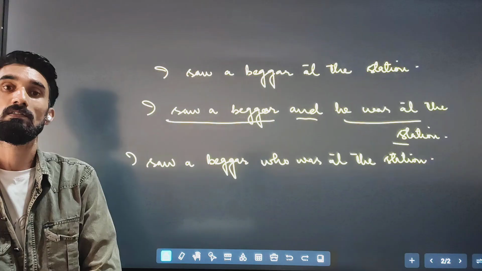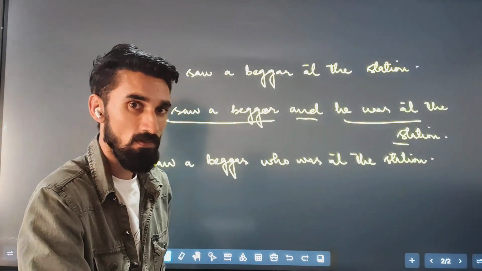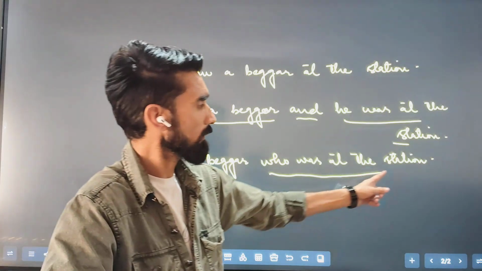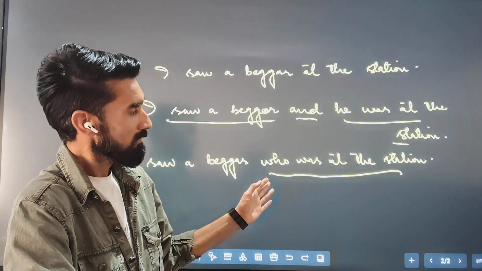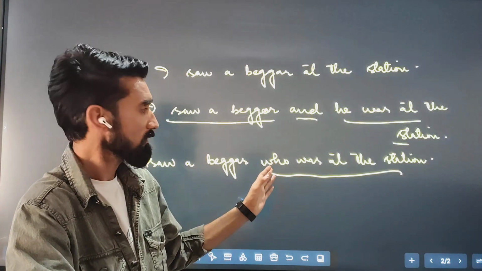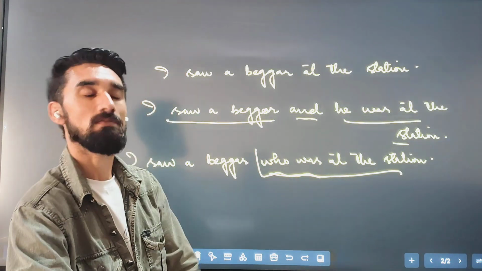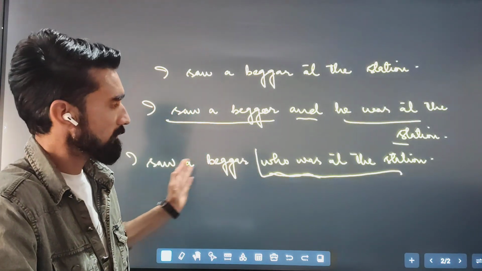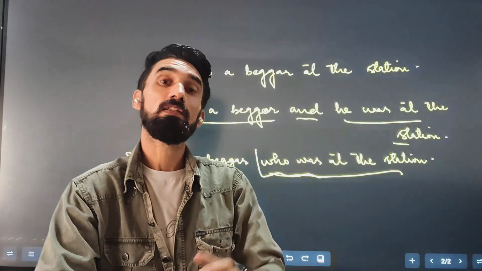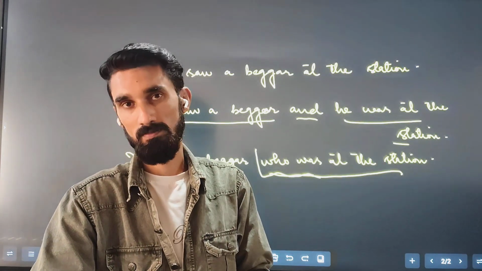Now find out the dependent clause or the subordinate clause out of this. Here is this one: who was at the station. If you tell this to anybody without the first part, I will not be able to understand what you are actually trying to convey.